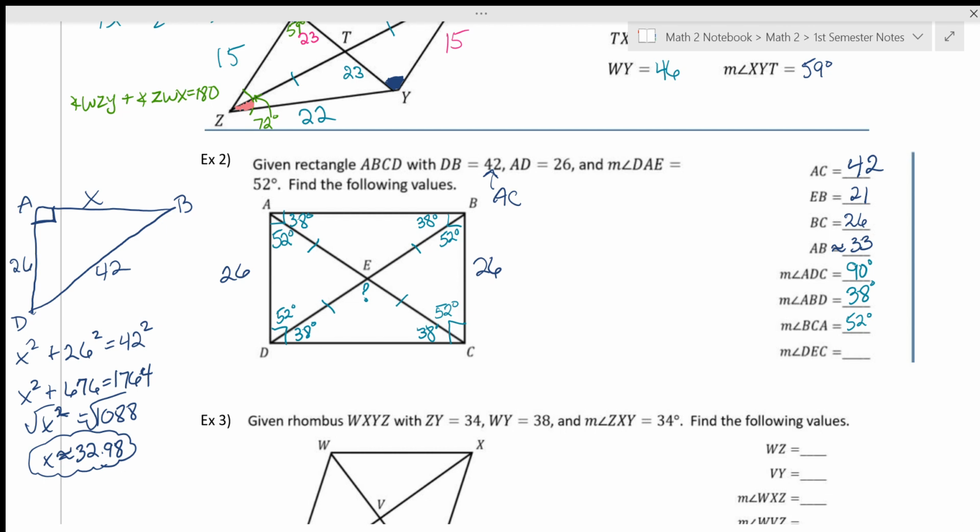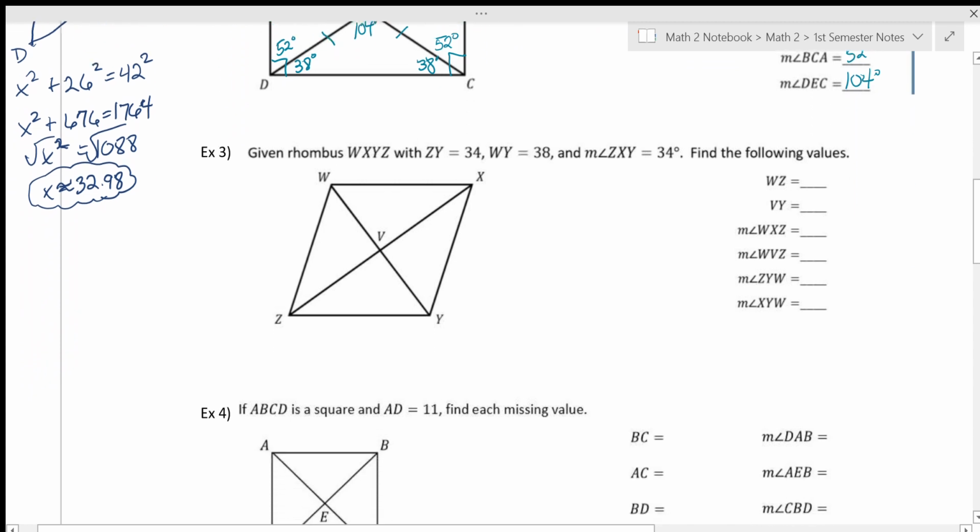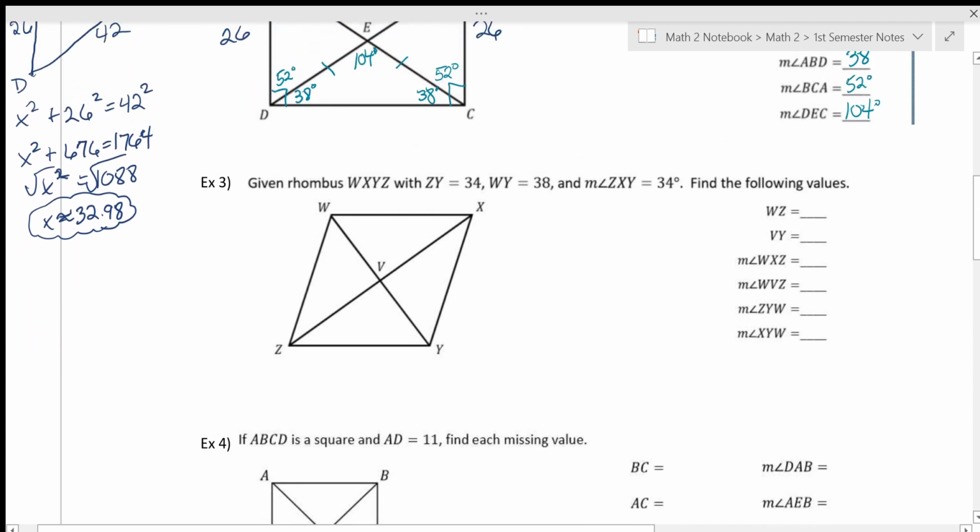So 38 plus 38, and we take that away from 180 degrees and we get 104 degrees there. Again, that's our bottom triangle where we have 2 38-degree angles. We know that this then would need to be 104 degrees. Okay, so there are our properties, using our properties of a rectangle.